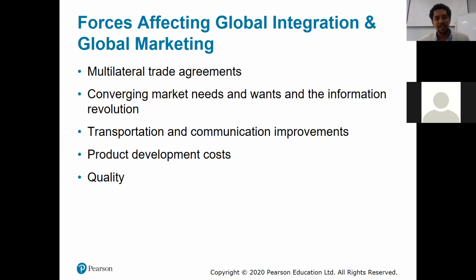And also the quality understanding of products also affects global marketing. So everybody wants to have good quality products, and everybody wants to buy this global brand quality products. Then this affects global marketing and global integration.